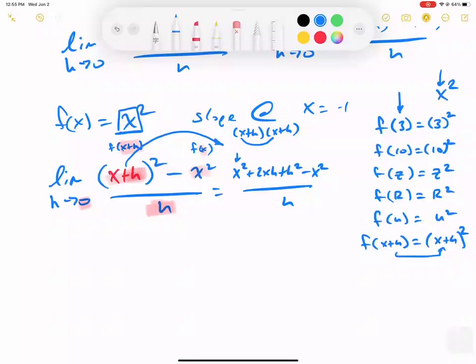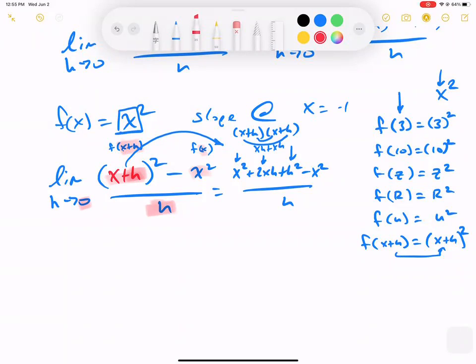Bam, done. h times h is h squared, done. That part's easy. Now what is xh plus xh? We end up with two xh's. Square the front, square the back, double the middle. This is our algebra 1 talking. Now, we're kind of doing a lot here, but please realize it's really just algebra 2 and algebra 1.